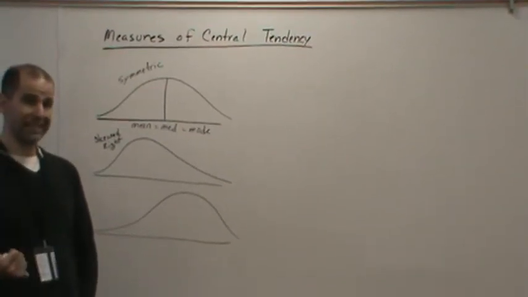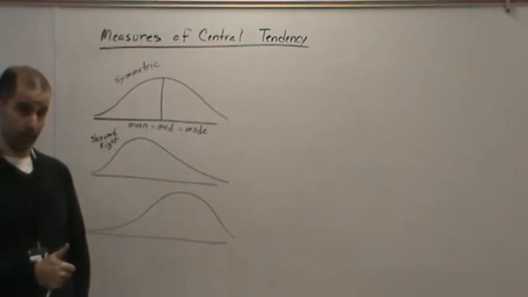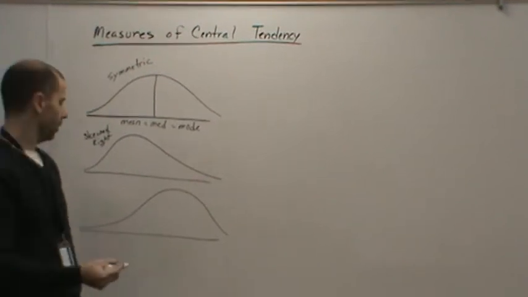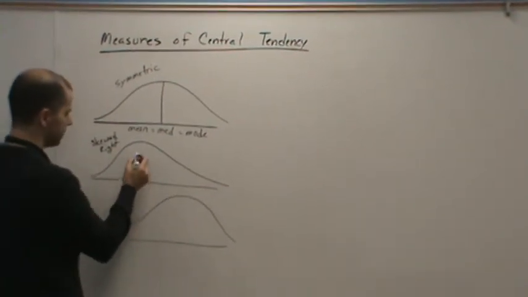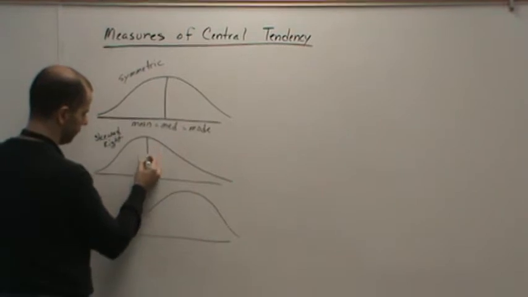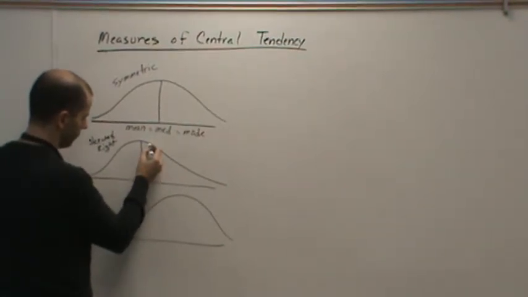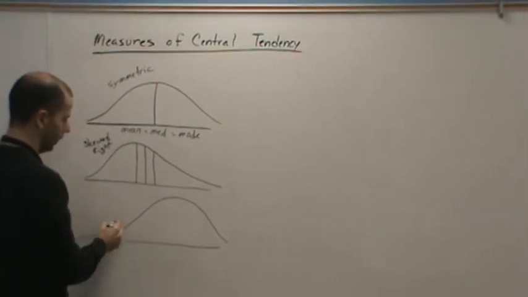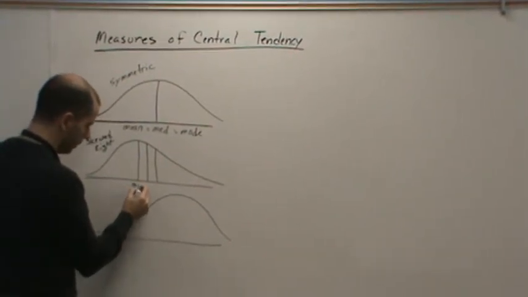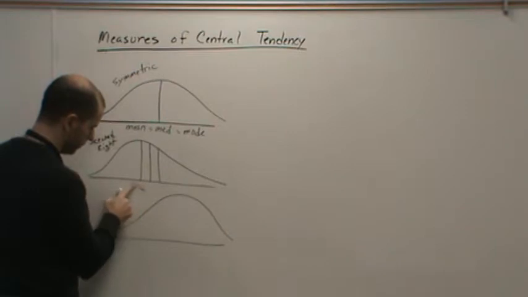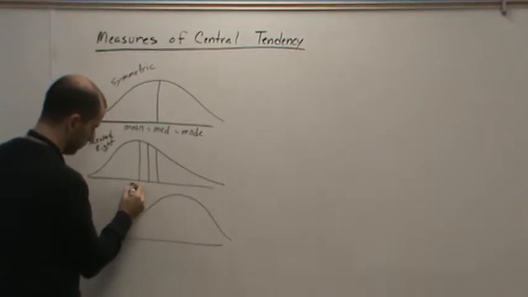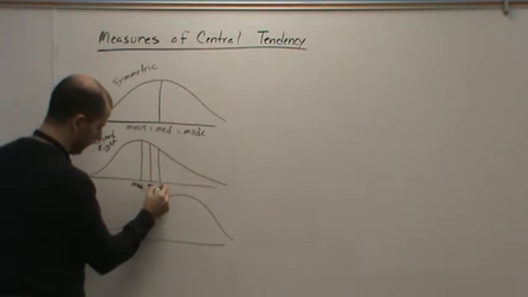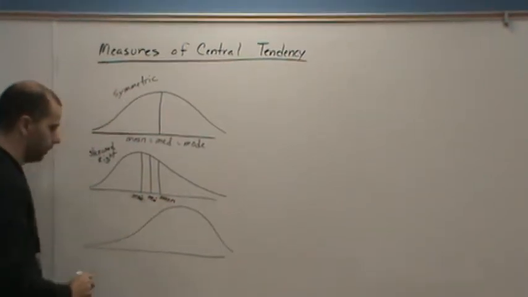The mode is the least affected by skewness. And the median is between, okay? So what you would look at is you'd see something like this. Okay, where this would be the mode, followed by the median, followed by the mean, okay?